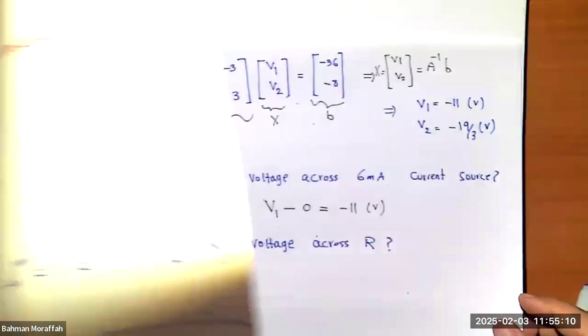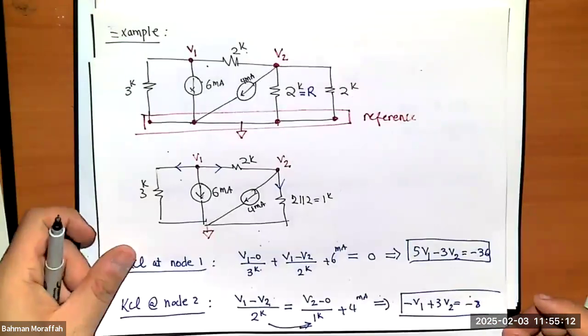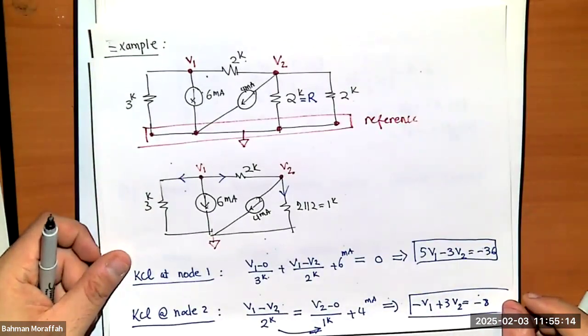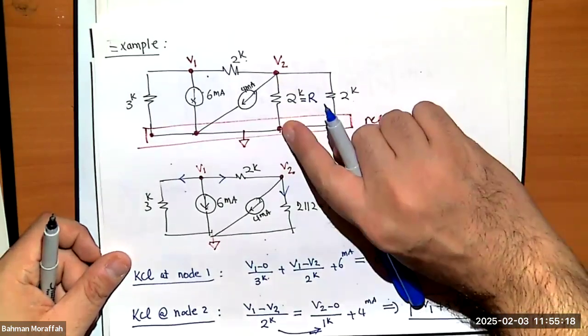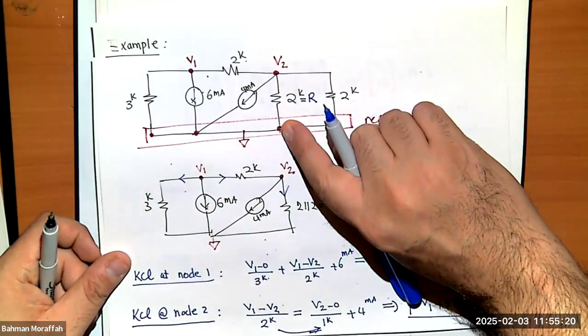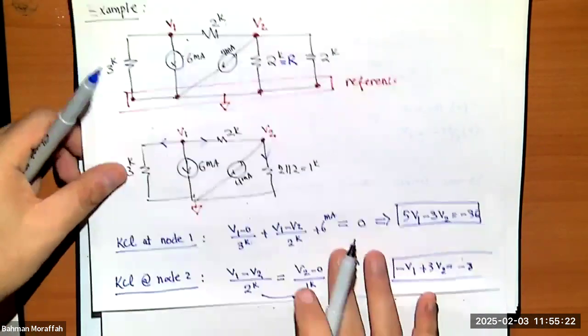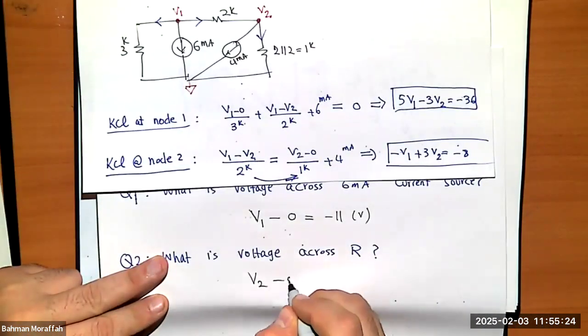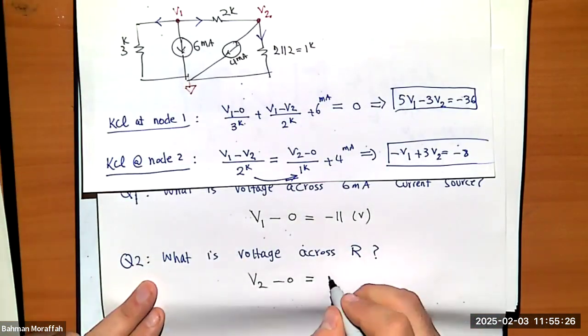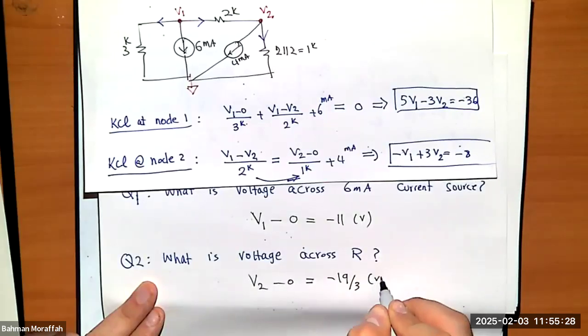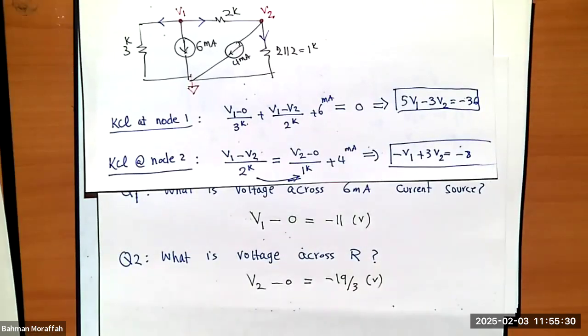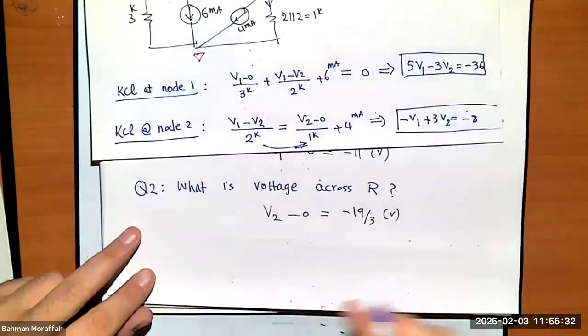It's V2 minus 0, right? So it is V2 minus 0, which is minus 19 over 3 volts, right? What is the current through it?